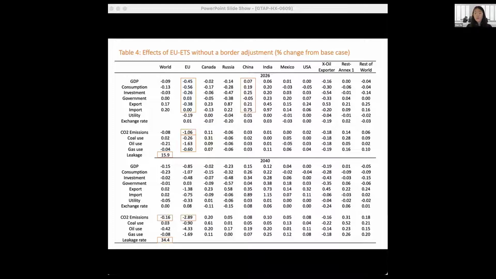And so the global CO2 only falls by 0.16%, but the leakage rate has risen to 34%. And you can see this is a huge rise from 2026 to 2040.